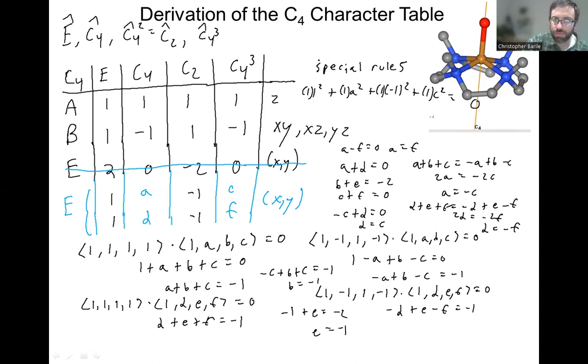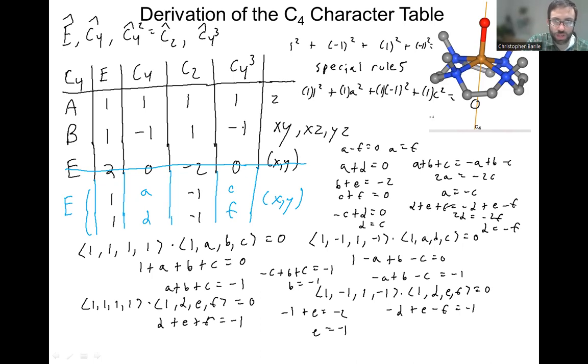Where this comes from is a little bit different, but it is analogous to a rule where the sum of the squares normalized by the number of operations in each class equals the order of the point group. To show you that rule as a reminder, if we took the B vector, we would take all the components, so 1 squared, -1 squared, and 1 squared, and -1 squared.